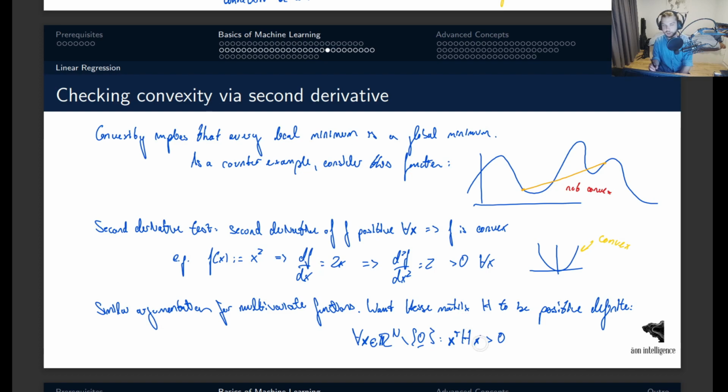If you were to write out the dimensionalities of these individual objects, you will see that this indeed will produce a scalar. And this positivity notion is indeed similar to the positivity notion in the univariate case, because in the univariate case, you want your second order derivative to be positive for all input arguments x. And in this multivariate case, you want your matrix H to always produce a positive number if you multiply any vector x from the left and the right.